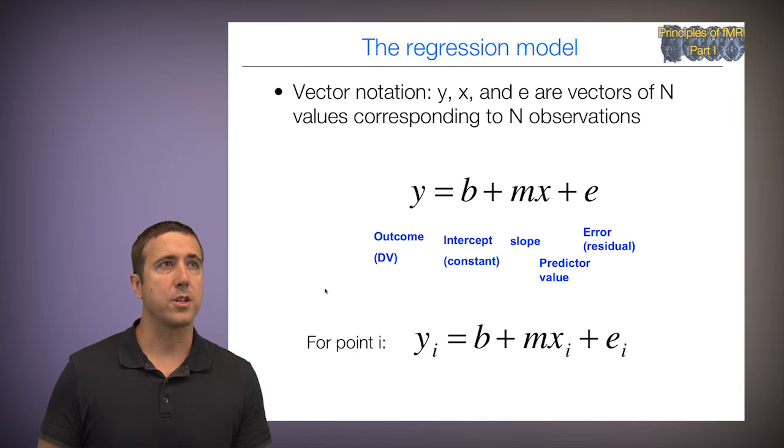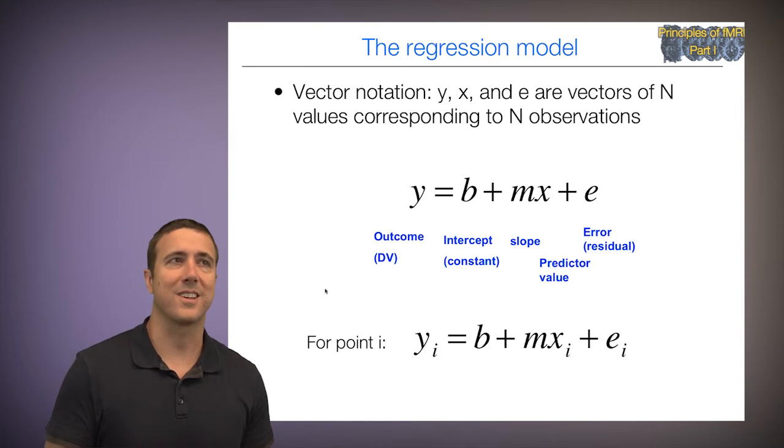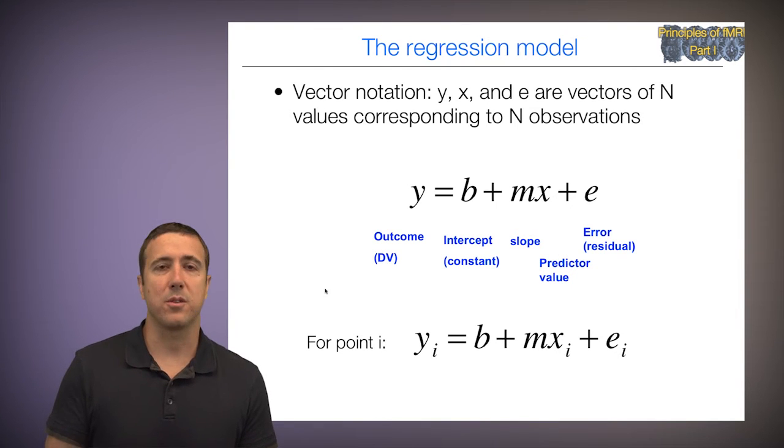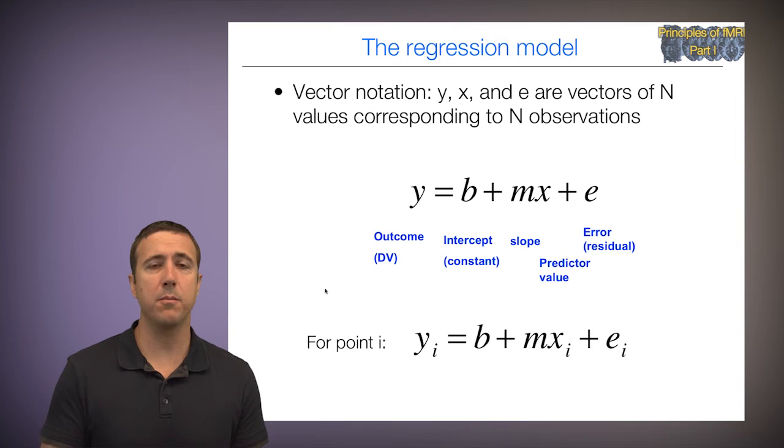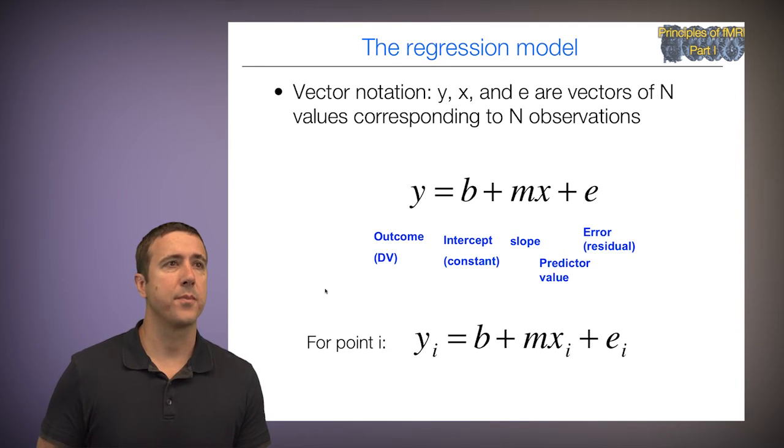And the regression model, structurally, in terms of equations, looks like this. In vector notation, y is a vector of the outcome or the dependent variable, and that's modeled as the sum of several independent factors. One is an intercept, that's the constant term, b here, plus the slope times the predictor value, that's m times x, plus the error or residuals.